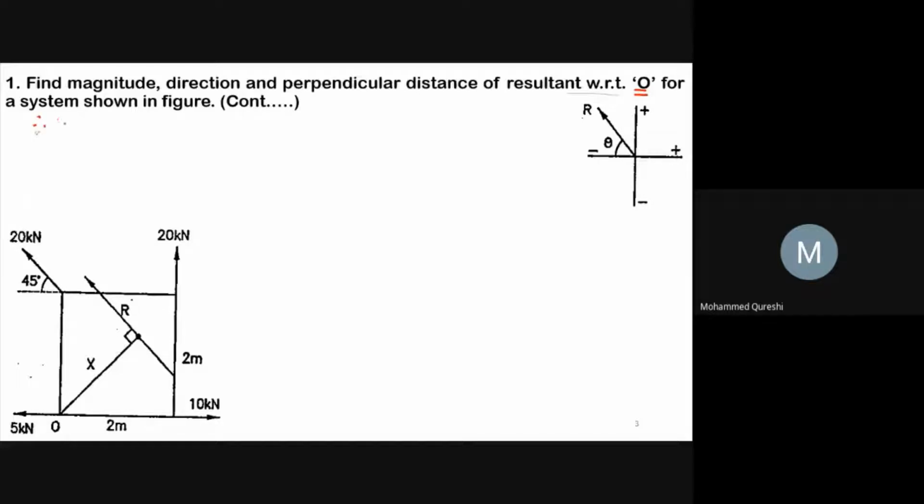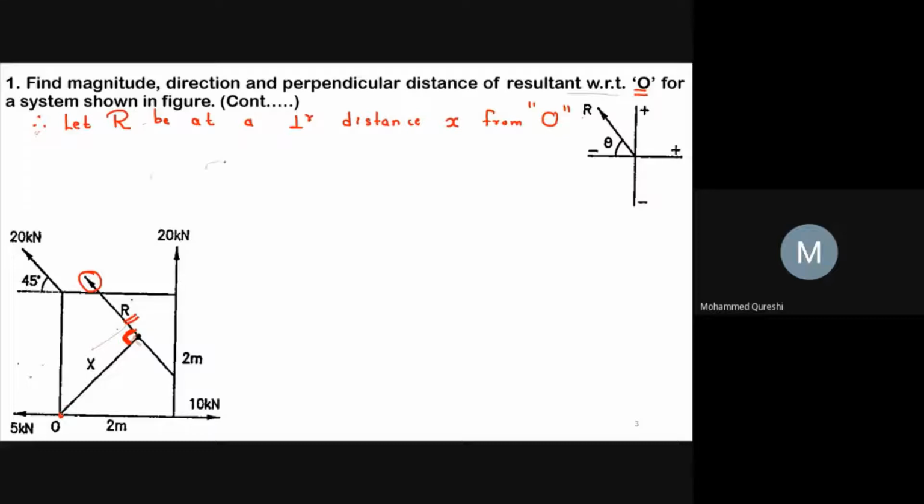First of all, let the resultant capital R be at a perpendicular distance x from O. As we know that our resultant is in the second quadrant, I have to show the resultant in the second quadrant, and this resultant is at a perpendicular distance x from O. We have to denote this in the figure also.